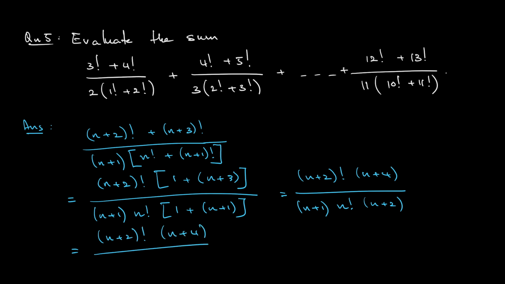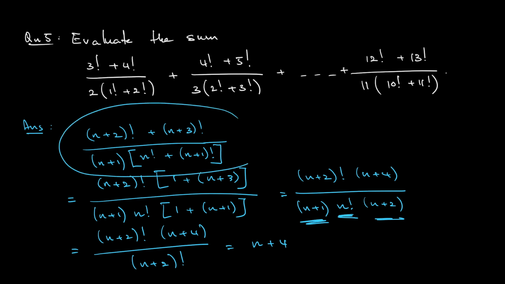N factorial means 1 times 2 all the way until n, and then multiplied by another n plus 1, and then multiplied by another n plus 2. So this is technically just n plus 2 factorial. Now both numerator and denominator have n plus 2 factorial. You can cancel it out, so it's just equal to n plus 4.